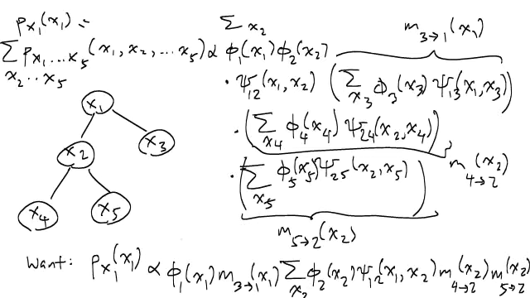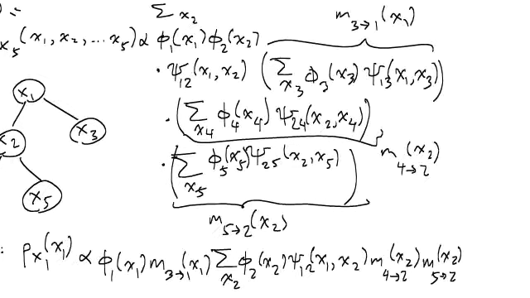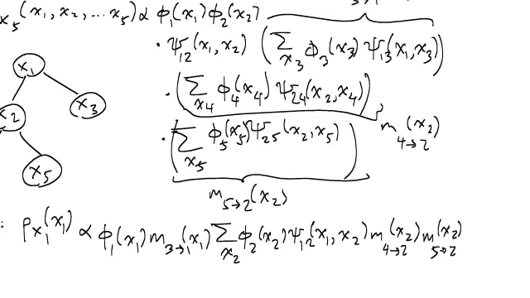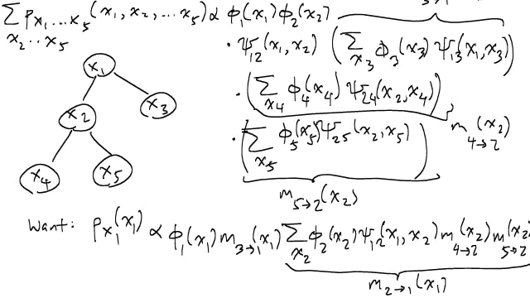Something else to note is that we'll call this thing here the message 2 to 1 of x1, because we're summing out x2, and this whole thing is only going to be a function of x1. So that's how we can compute this.